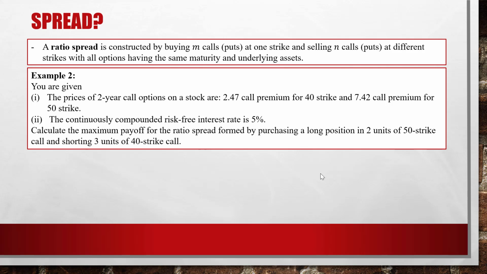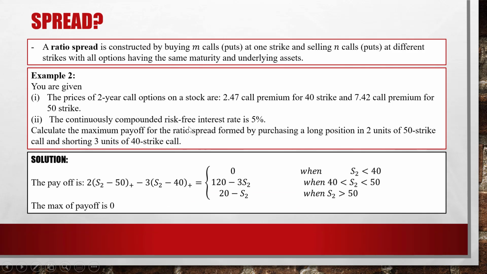Calculate the maximum payoff of the ratio spread formed by purchasing a long position in 2 units of the 50 strike call and short in 3 units of the 40 strike call. So here, this is a problem with calls, right? We purchase 2 calls and we short 3 calls. So the payoff here, remember for a call, the payoff is (ST minus K)+, right?